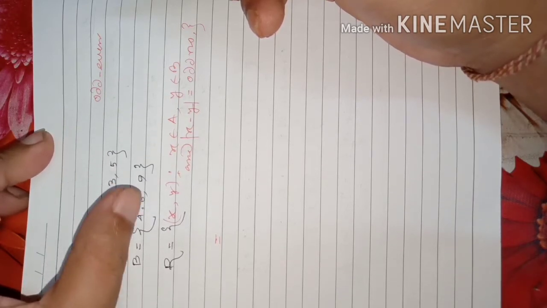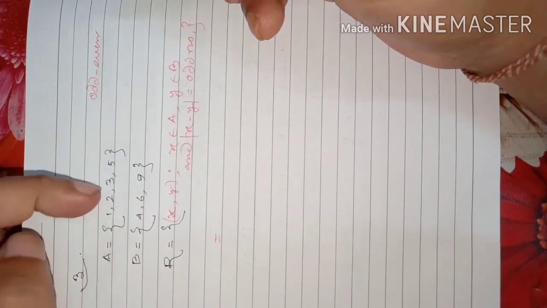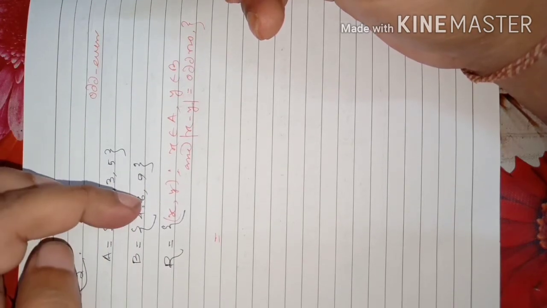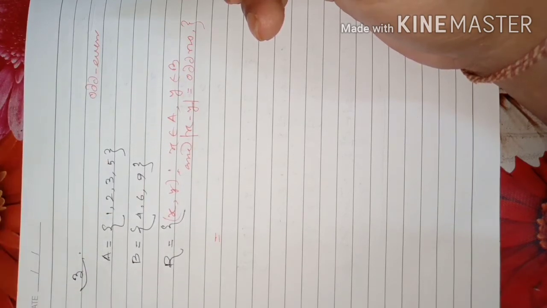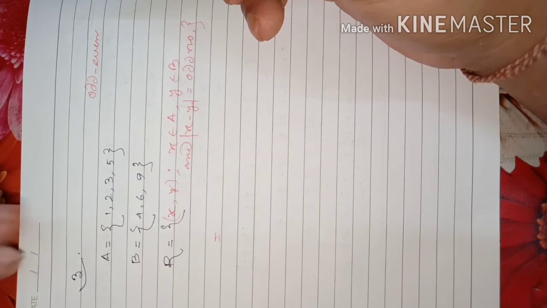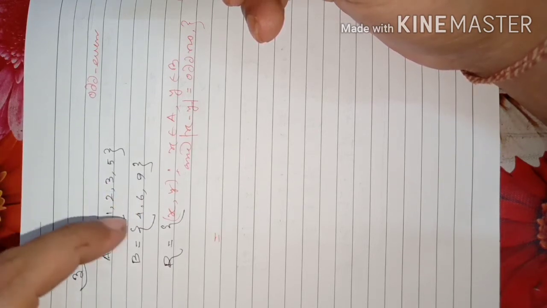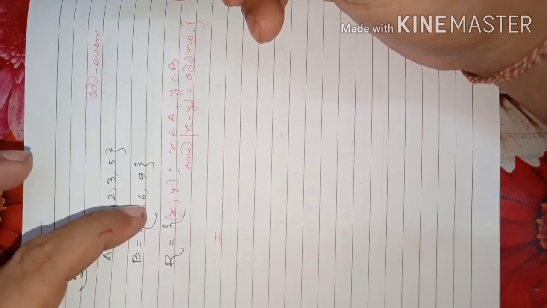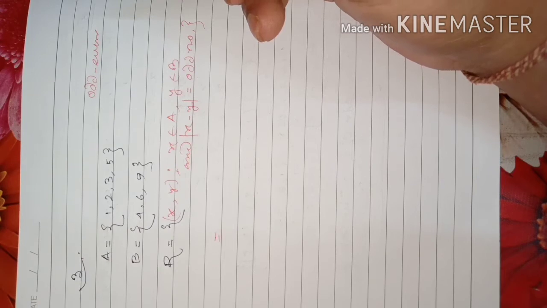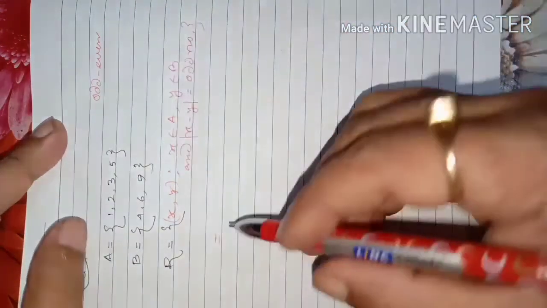Or odd number minus odd number, like 3 minus 5 or 5 minus 9, is an even number. Thus you see, even number minus even number is an even number, but odd number minus even number can be an odd number. Sometimes yes and sometimes not. That's why we have to check like this.